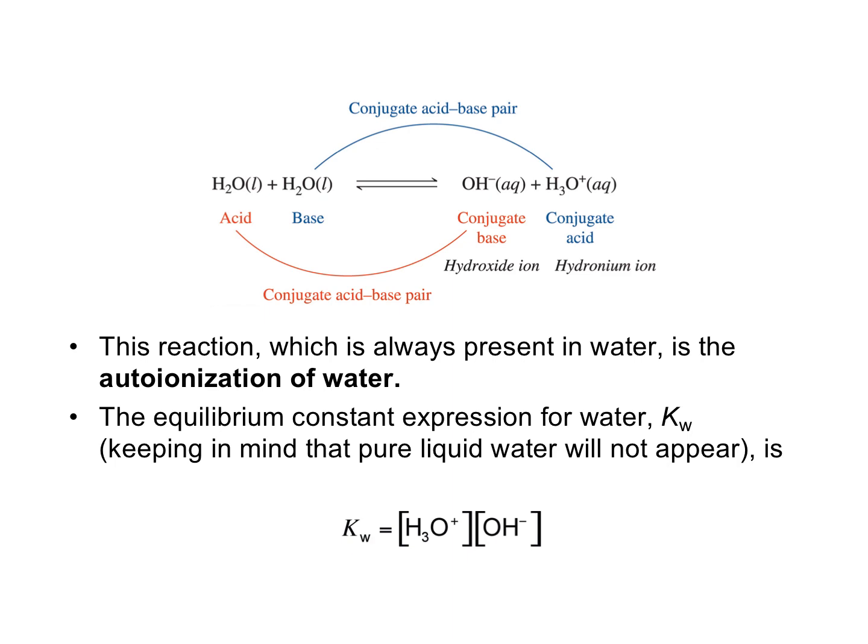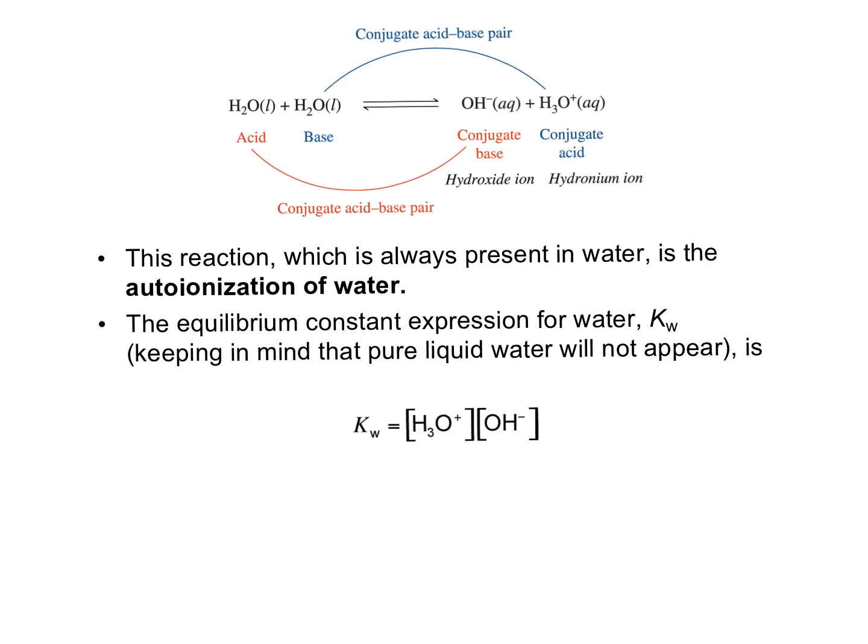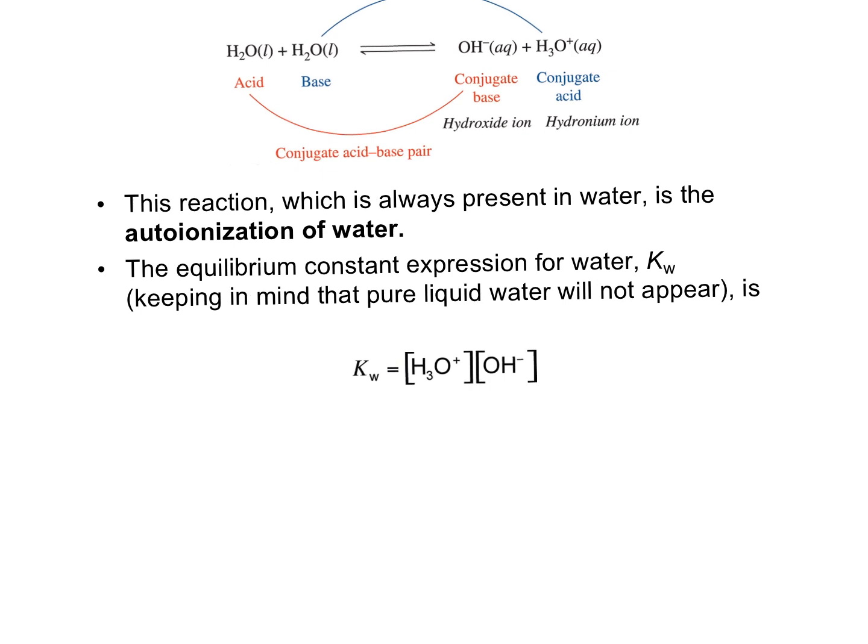Now, what we can do is we can calculate exactly how much this is. And it's not very much. It's 1 times 10 to the negative 14th equals the concentration of the hydronium ion multiplied by the hydroxide ion, okay?